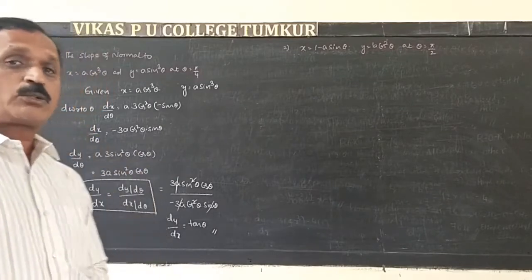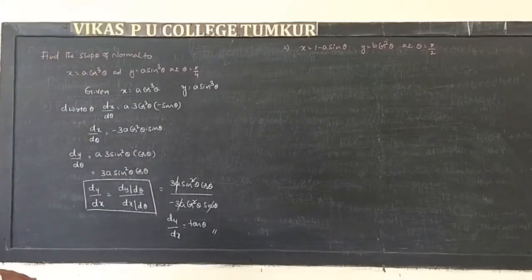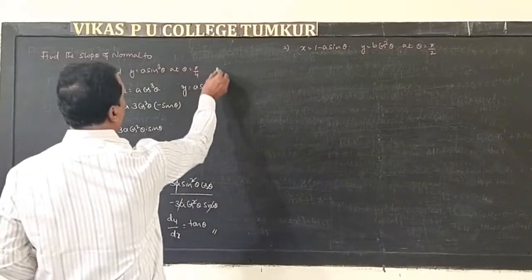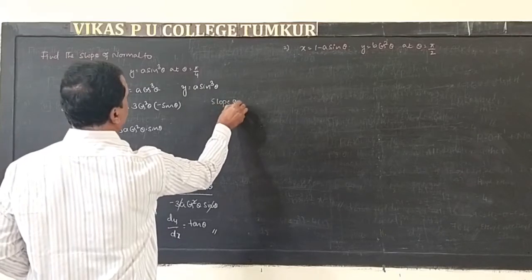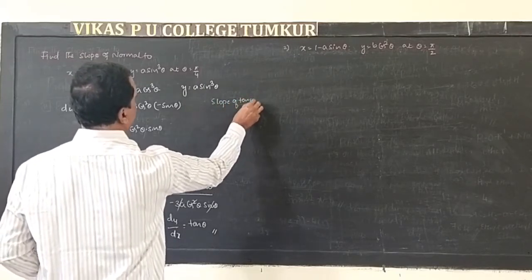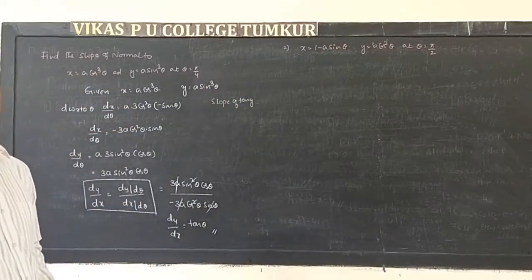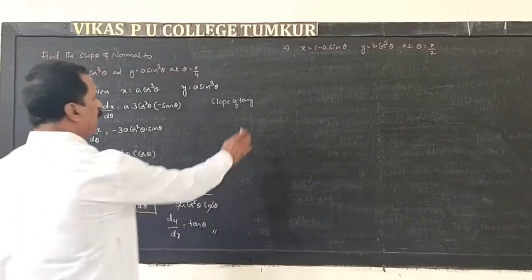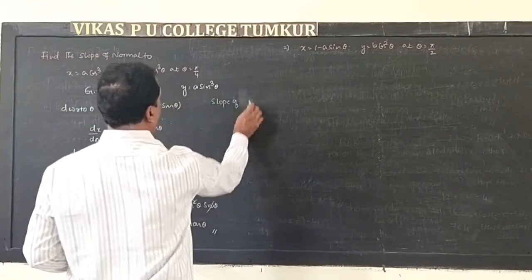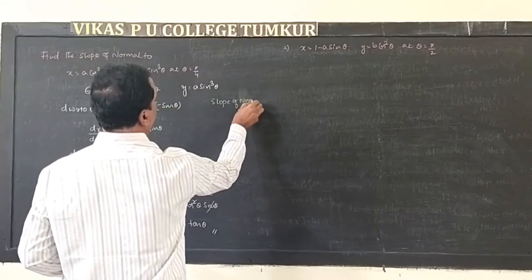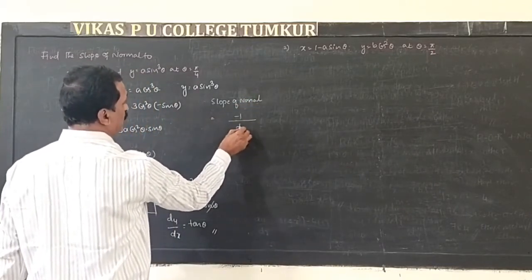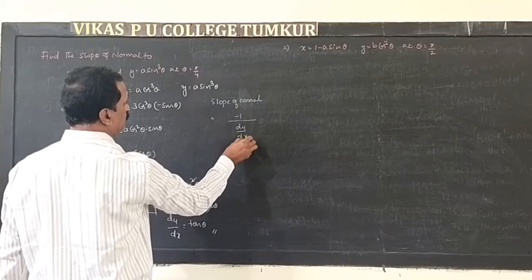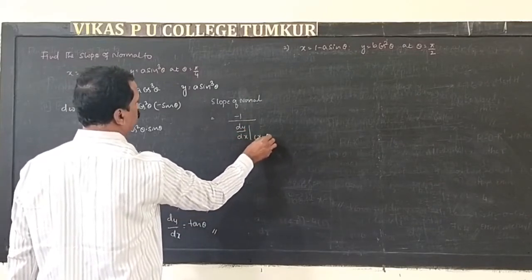I want to find the slope of normal. Therefore, your slope of tangent, how much does it come to, or directly you can write: your slope of normal is equal to minus 1 by dy by dx at the point x1 comma y1.